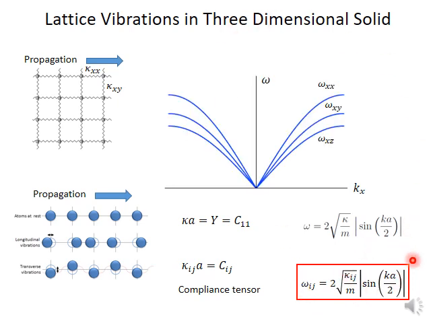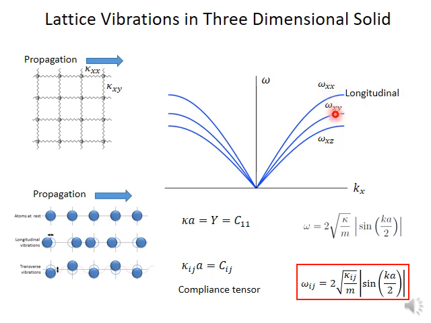If you draw the dispersion, let's say I'm talking about k along x, so this k would be only along x. Along x you can have three different frequencies: omega xx, omega xy, and omega xz. Omega xx represents the oscillatory motions for which the propagation of the wave is along x and the displacement is also along x.